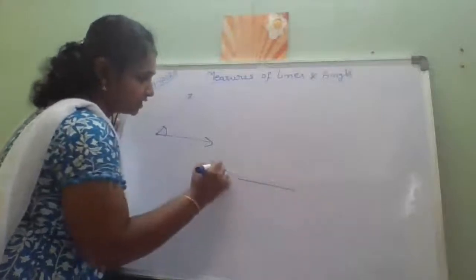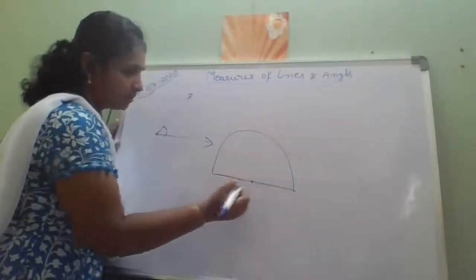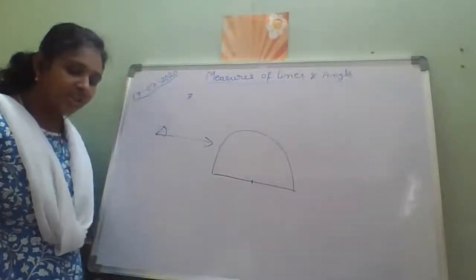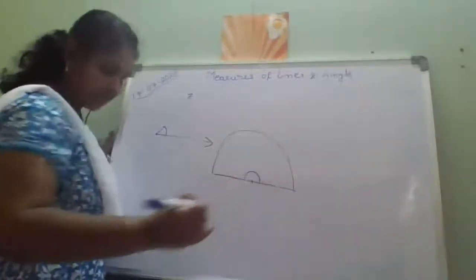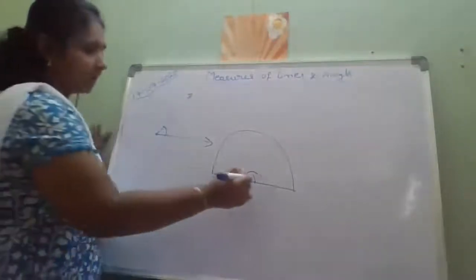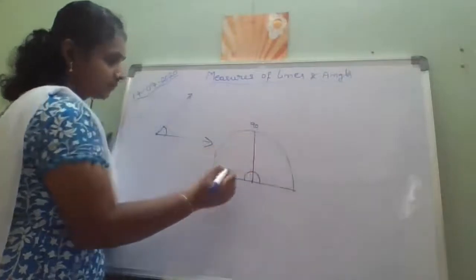See, a protractor looks like this, and this is the midpoint. A protractor has two scales: the inner scale and the outer scale. This one is 90 degrees.